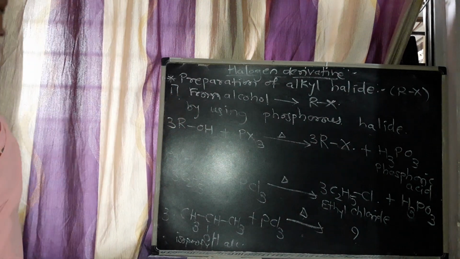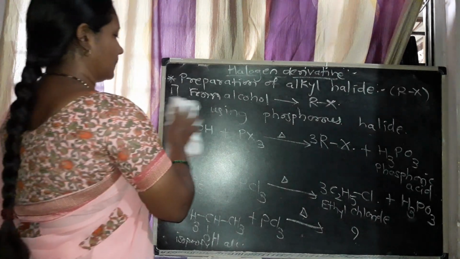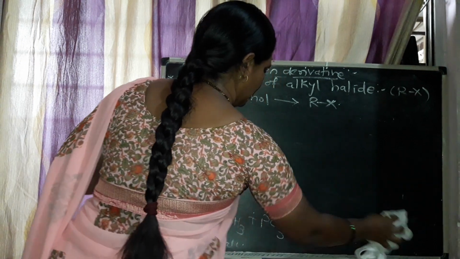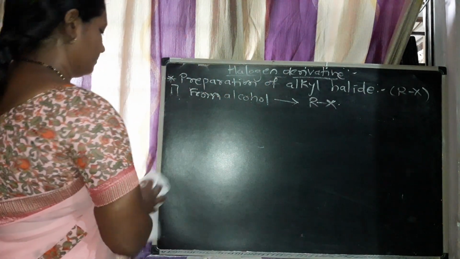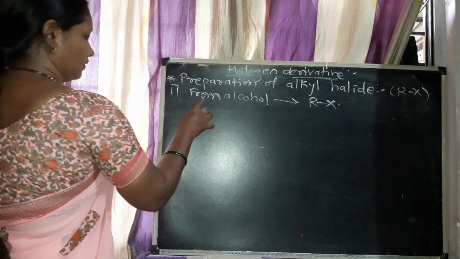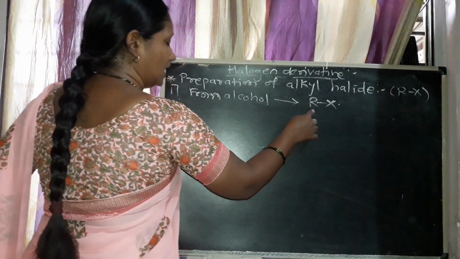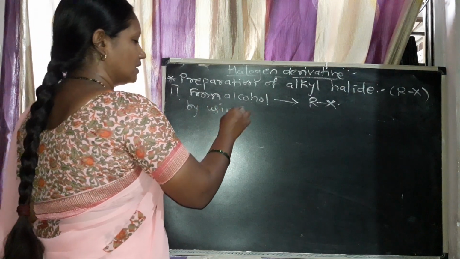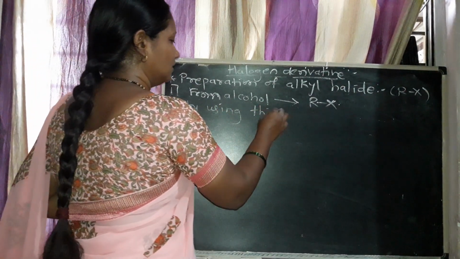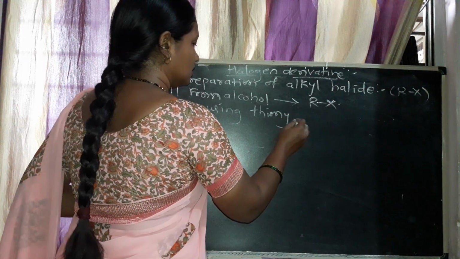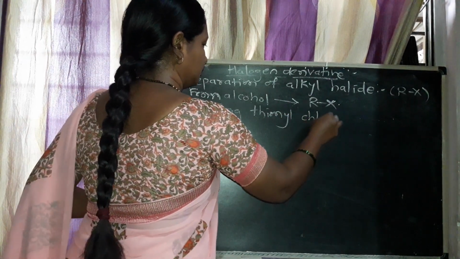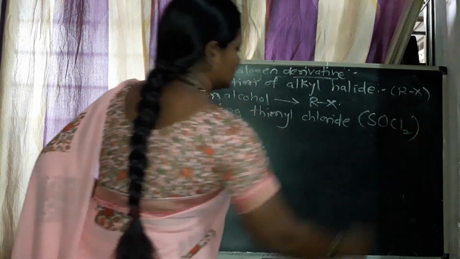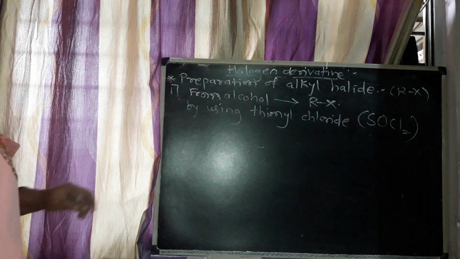Then the fifth reaction, that is from alcohol, we prepare the alkyl halide by using thionyl chloride. SOCl2 is called thionyl chloride.